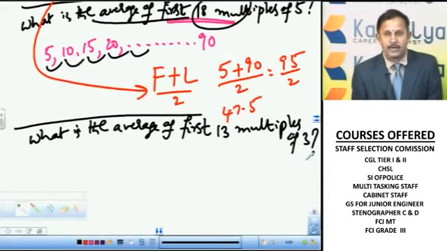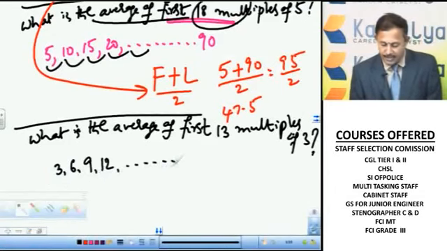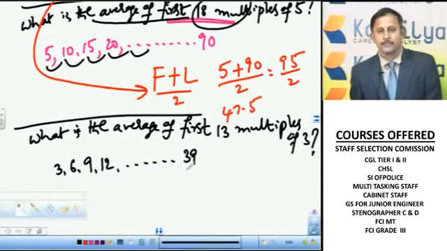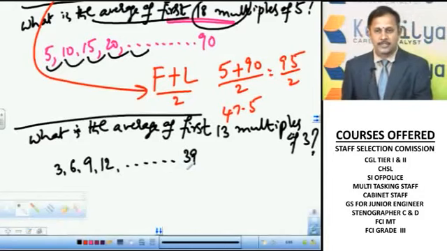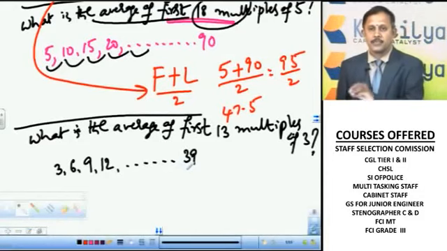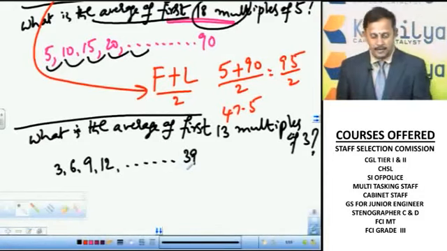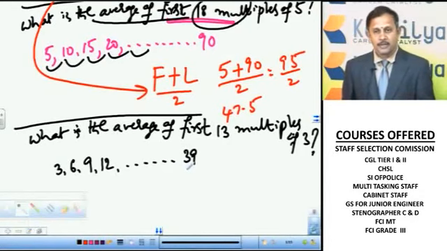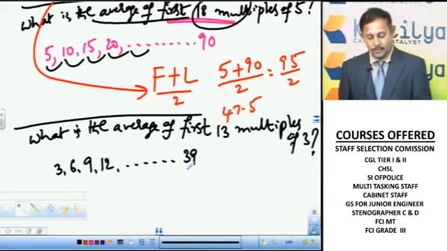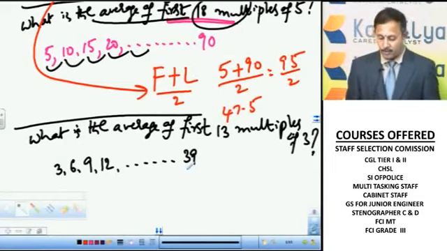So how will be the multiples of 3? 3 into 1, 3 into 2, 3 into 3, 3 into 4. So like that 3 into 13. So 39 is the last element. So we have to consider 13 elements, and all these 13 elements must be multiples of 3, right? So 3 into 1, first number, 3 into 2, second number, 3 into 3, third number. So like that we have to consider 13 elements, 3 into 13.